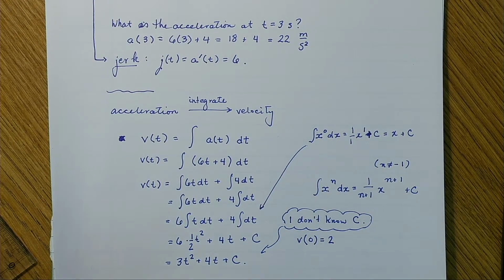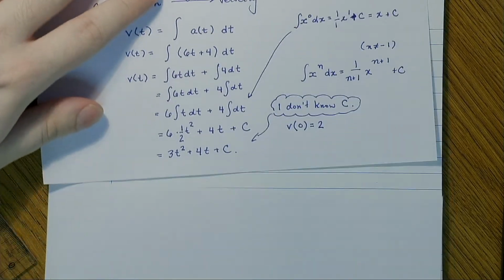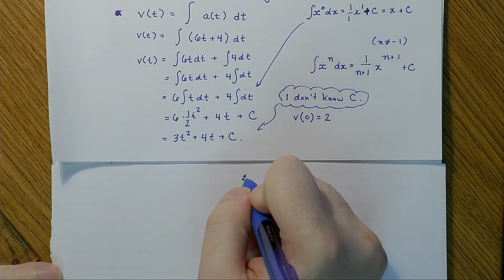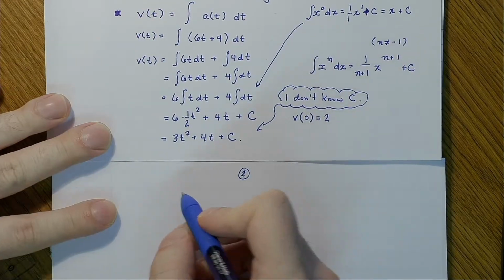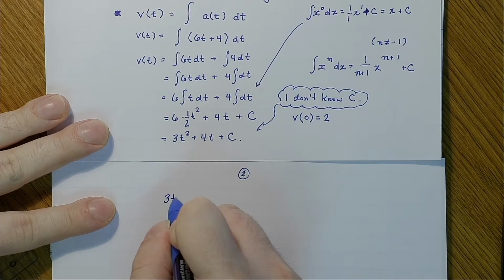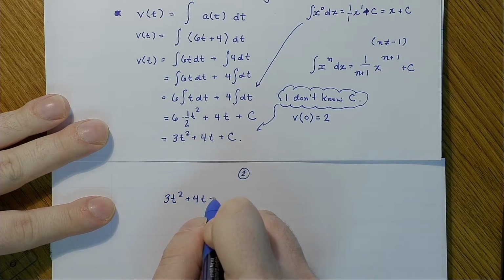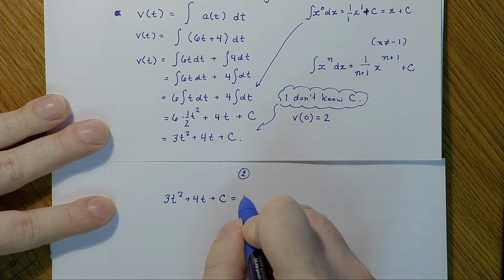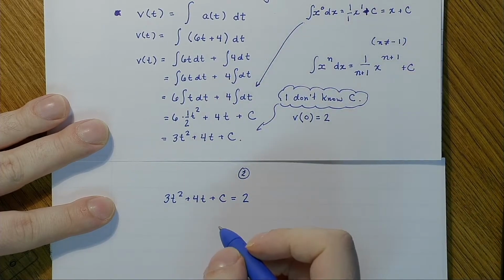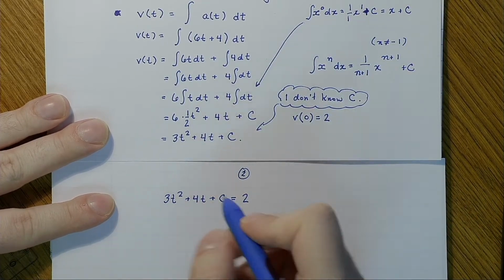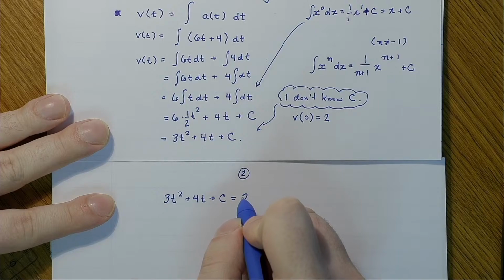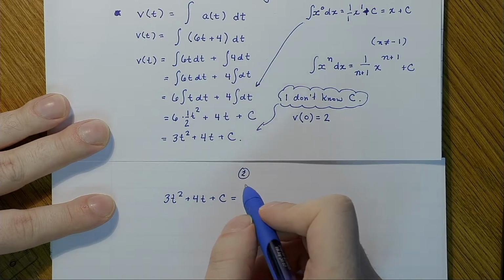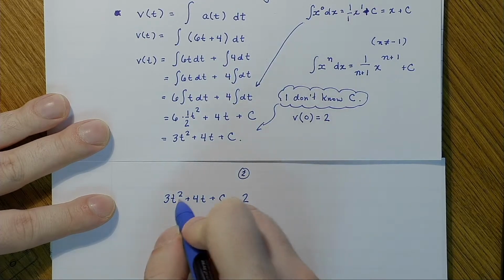So that when I start to do that, now I can substitute that. I have 3t squared plus 4t plus c equals, and we're told it's 2. And we also know that this is at 0.